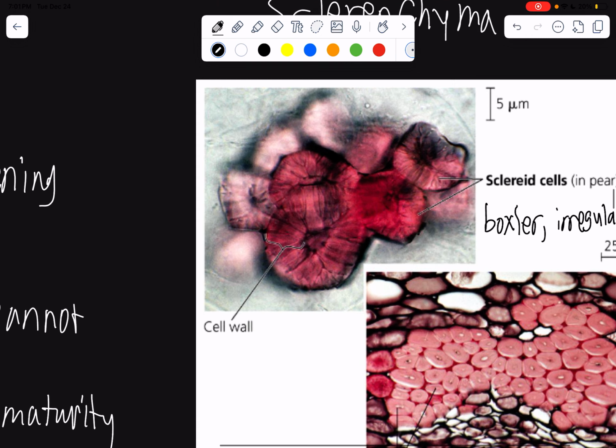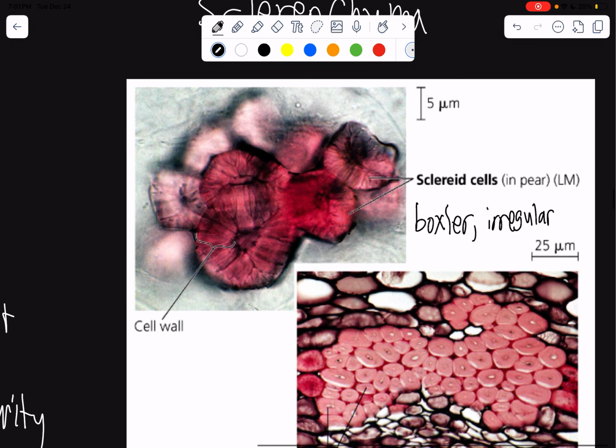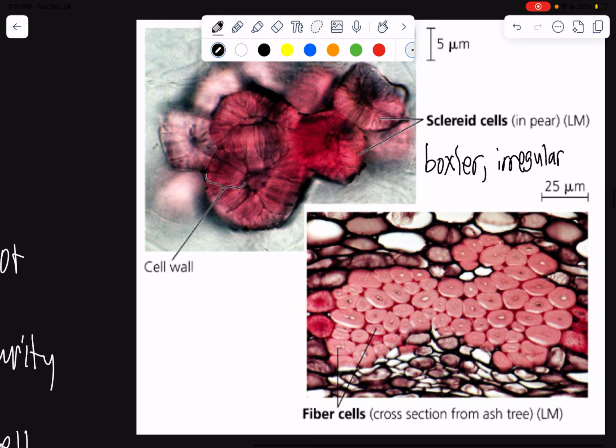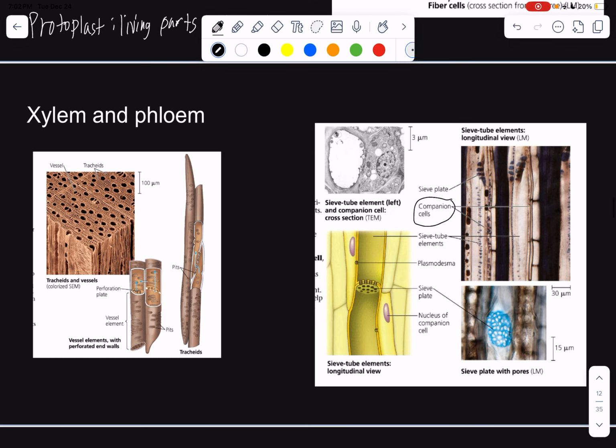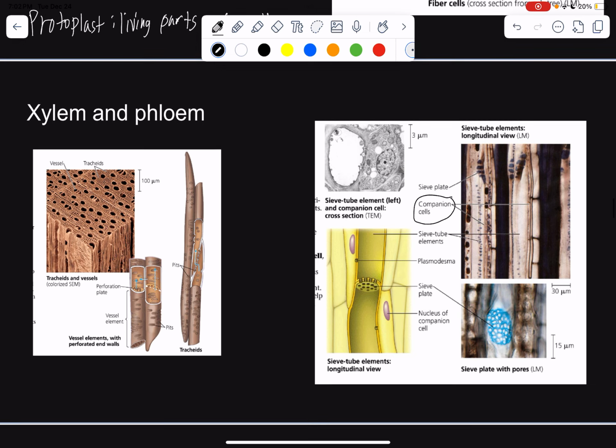And you can see here in a pear fruit that they're very boxy and irregular, but in fiber cells they're much more slender, long, and much more organized and uniform in shape. Fibers can be used in clothing, and also just in rope making. That's pretty much it.